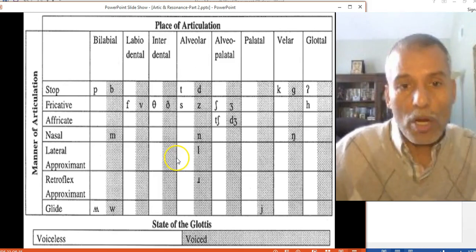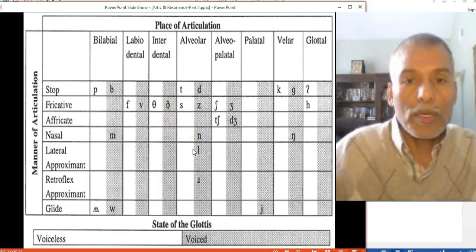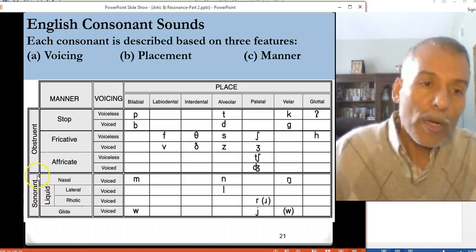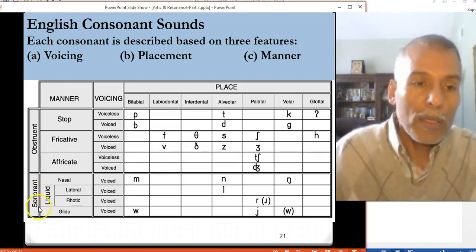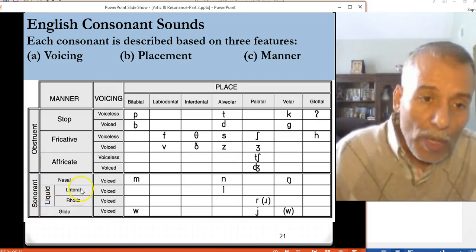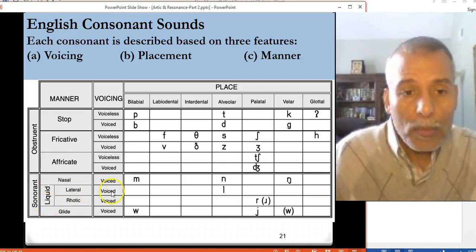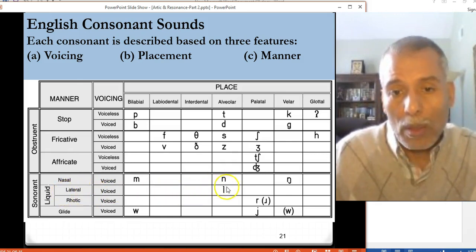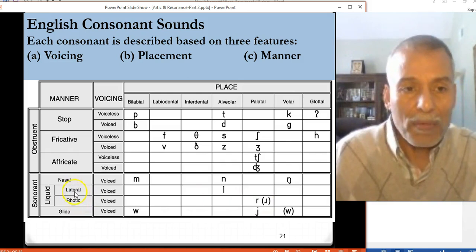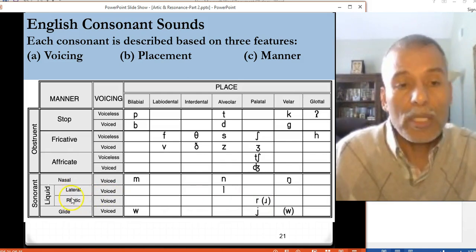You can use this chart, or you can use this one, whatever you prefer. When we look at the sonorant sounds on the lower part, you have liquids. Don't worry about the rhotic and the lateral stuff. Don't worry about these subcategories.